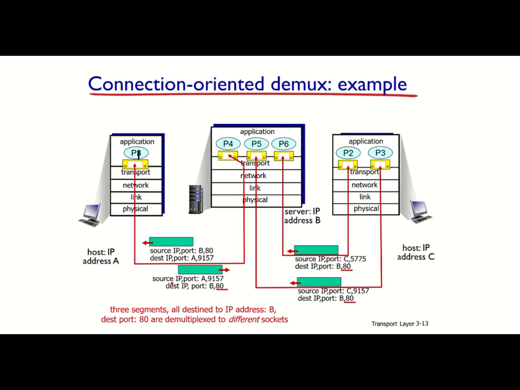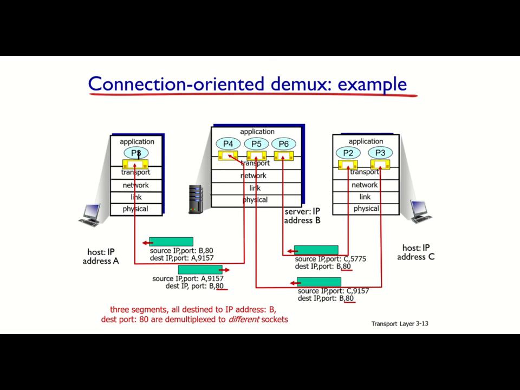In this connection, the source IP is A because A is the sender, and the port number is 9157. So this port number is corresponding to the socket that you see here.